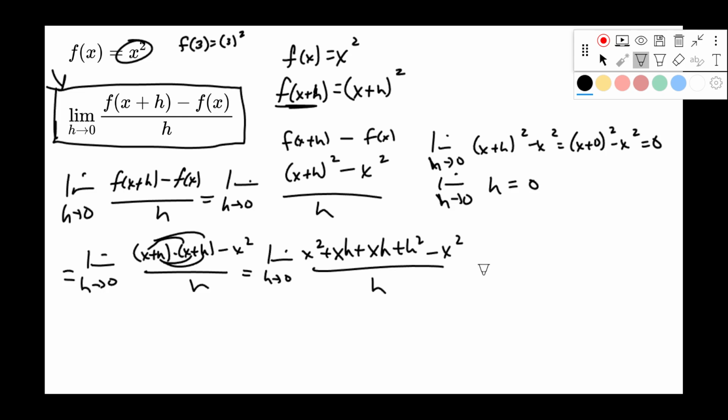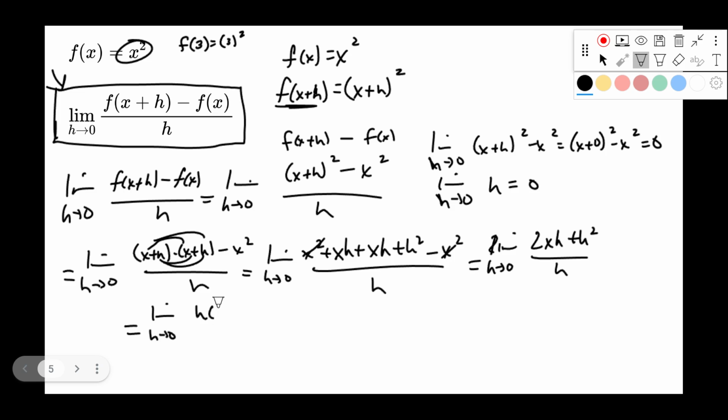Remember, think about your goal. You have 0 over 0. I need this h to go away somehow. So x squared minus x squared zeroes out. That gives me the limit as h goes to 0 of 2xh plus h squared all over h. And now, there's a GCF up top.